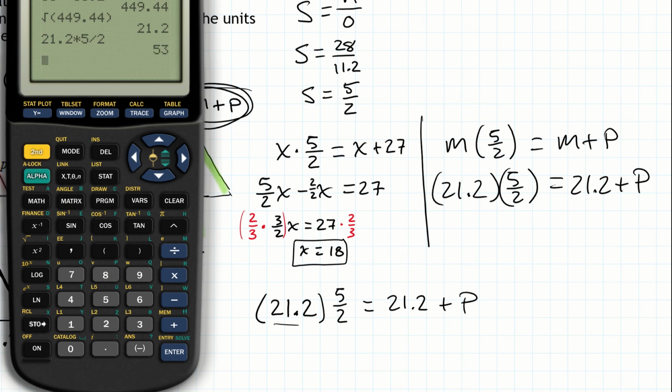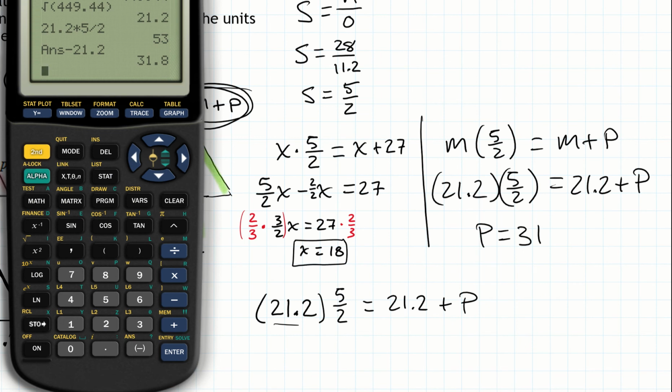Oh, that's 53 minus 21.2. And when I do that, I get 31.8. So p equals 31.8. Okay, I know what p is.